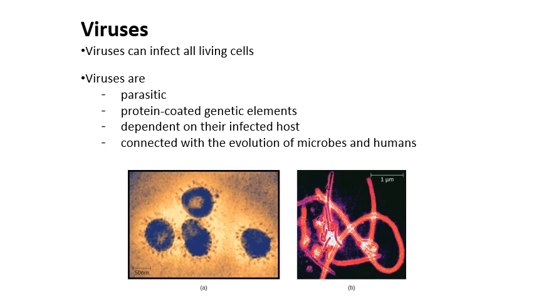A lot of times we just refer to them as protein-coded genetic elements because these guys are not cellular. So you notice before we were talking about the difference between prokaryotic and eukaryotic cells, these guys don't have cells. So they're missing most of the major cellular elements. They do have genes. There is some genetic material surrounded by protein, but that's about it.